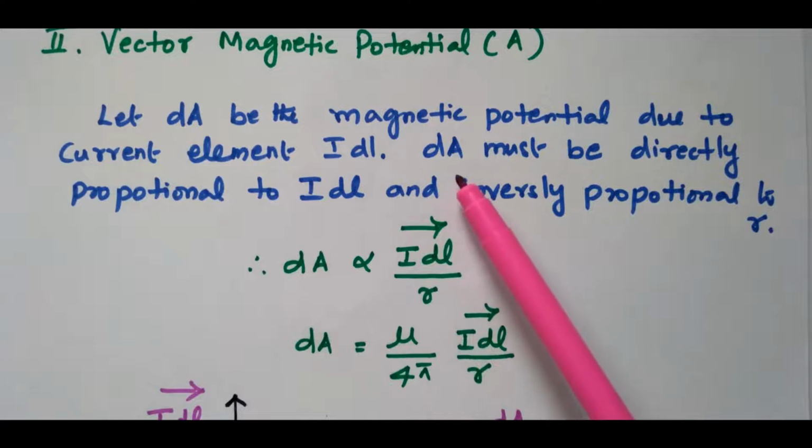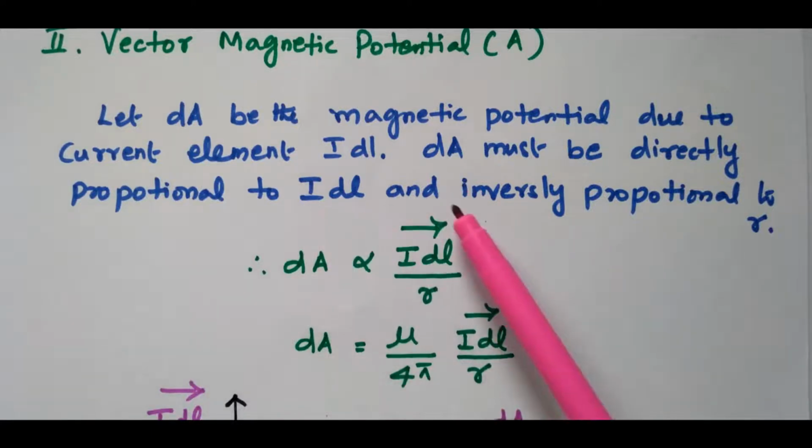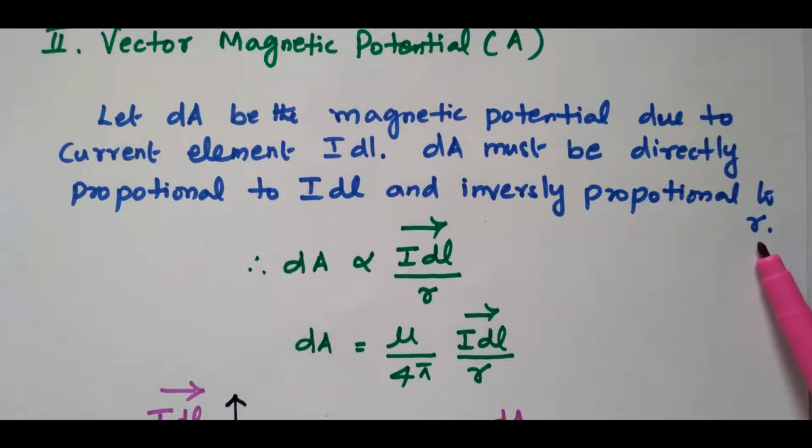So this dA is directly proportional to I dl and inversely proportional to r, the distance between the current element and point P, right?